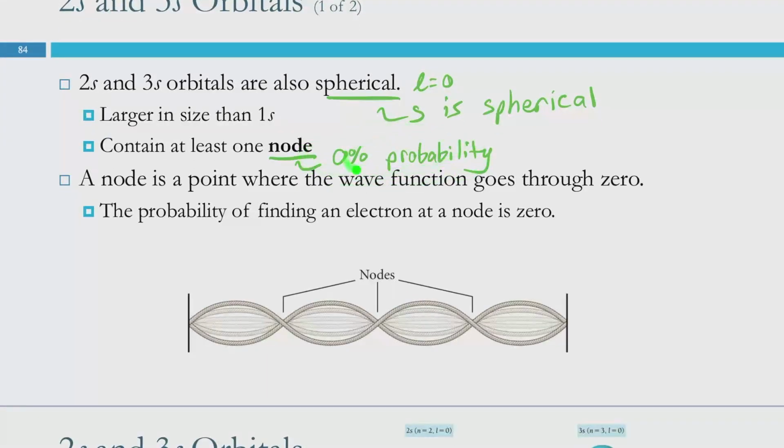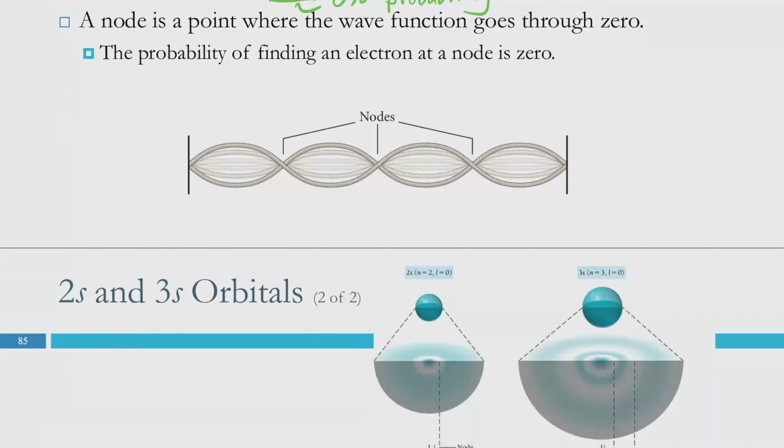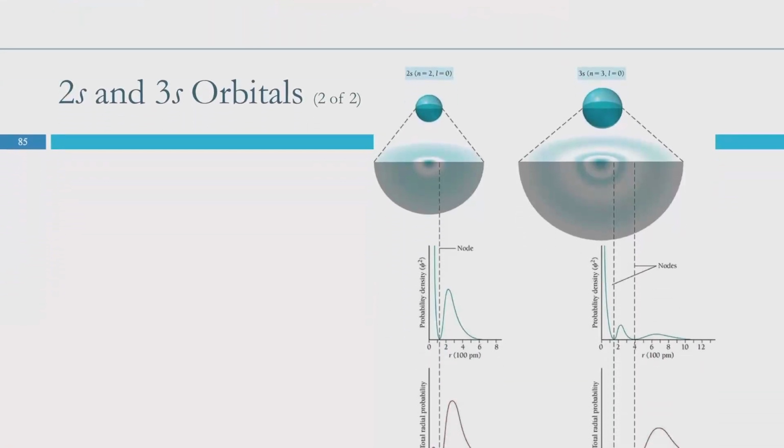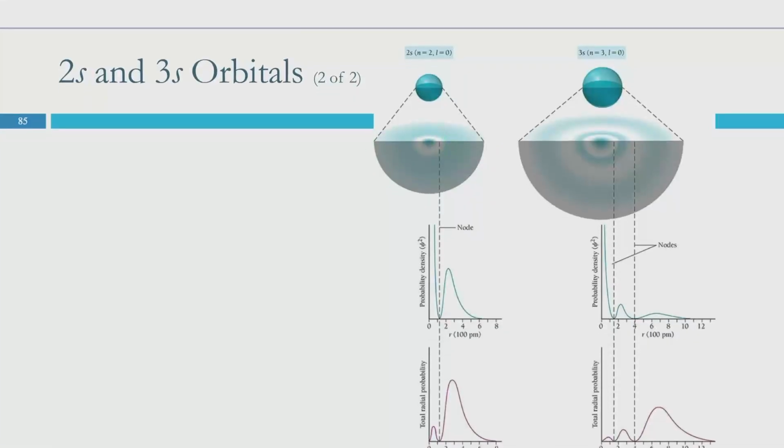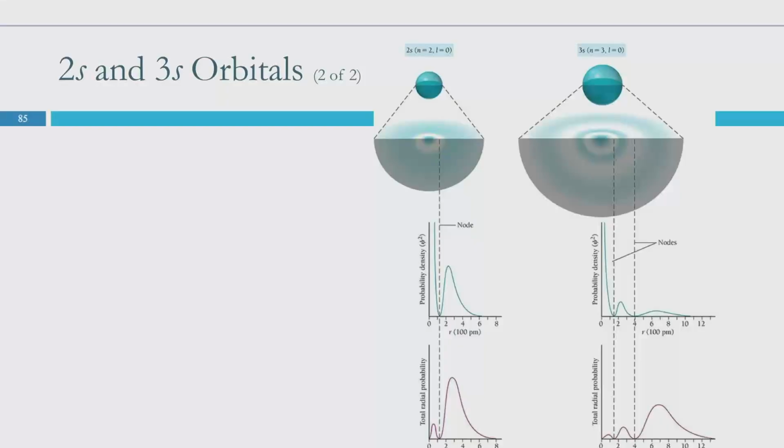It's where our wave function goes through 0, and when it goes through 0, we have a 0% probability of finding the electron there. So our 2s and 3s orbitals are still spheres. If we do a cutaway, a cross section, we can see this white zone in here. That white zone is where we've got no likelihood of finding our electron.